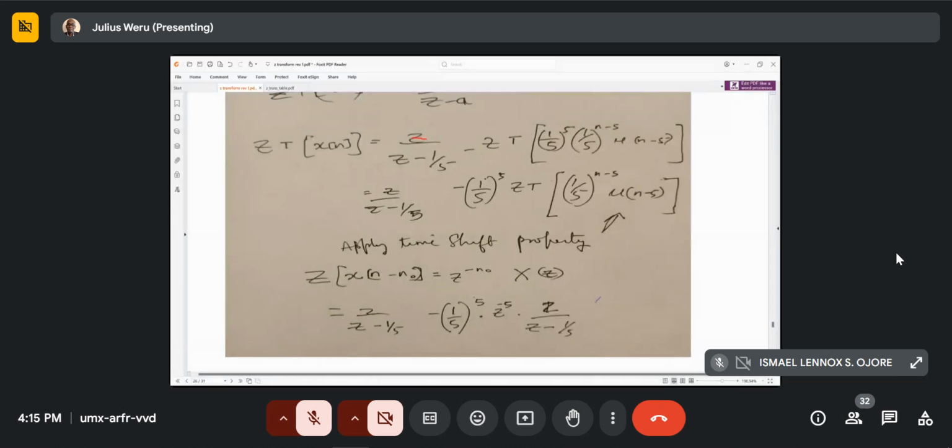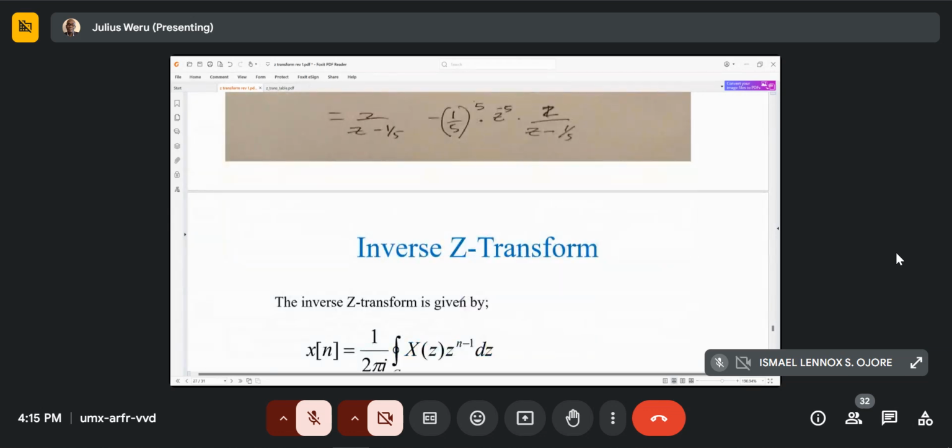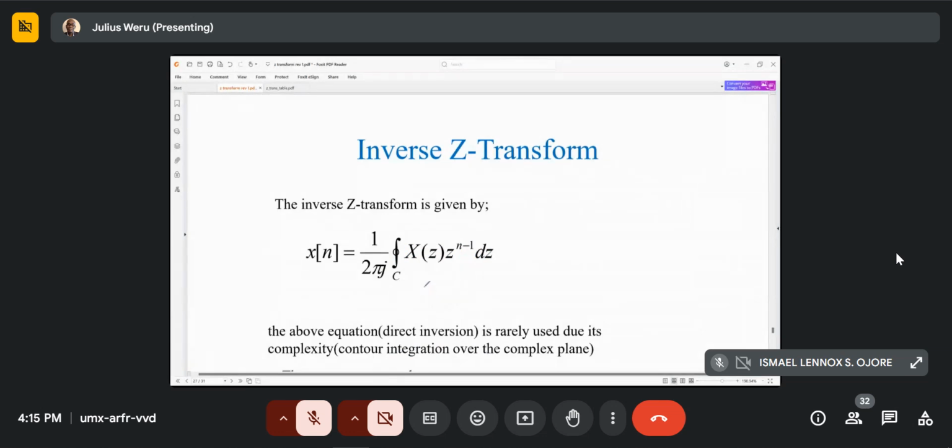The inverse Z transform is defined by this: x of n is 1 over 2 pi j, a contour integration, of X of z, z to the n minus 1 dz.